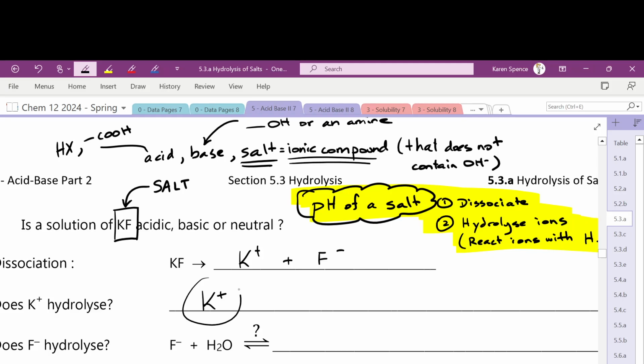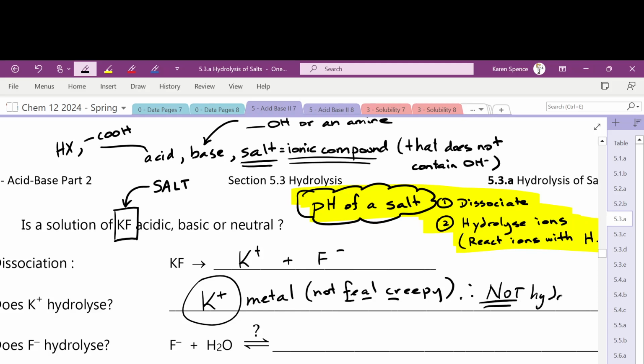And remember, this is a metal, and it's not feel creepy. Therefore, does it hydrolyze? No. Okay, so you need to memorize that. Metals do not hydrolyze unless it's feel creepy.